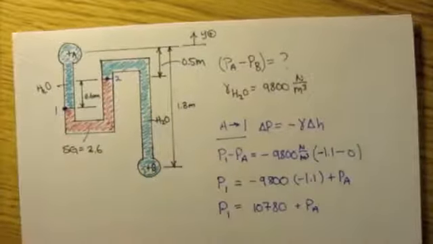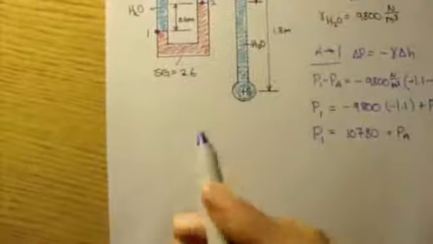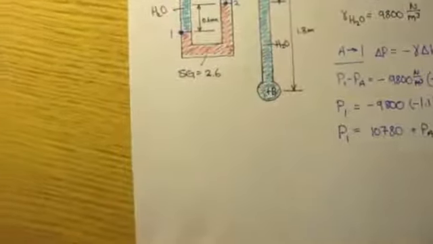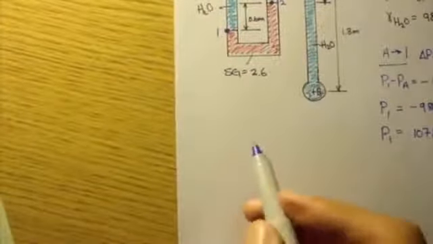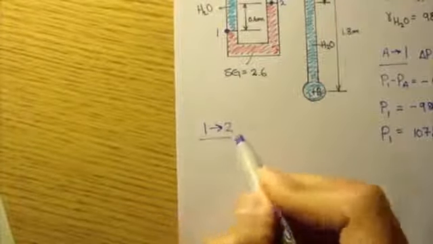Now let's change our camera a bit. Let's go from the pressure at 1 to the pressure at 2 and do an analysis there.